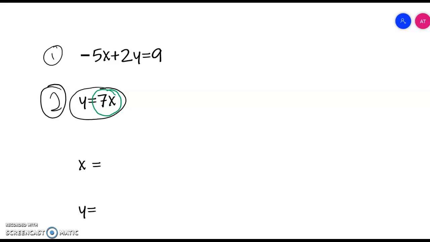Anywhere I see a y in my first equation, I'm going to plug in this 7x. So I'm going to have negative 5x plus 2, parentheses, always add your parentheses because we're putting a number in for y, 7x, end your parentheses, equals 9.